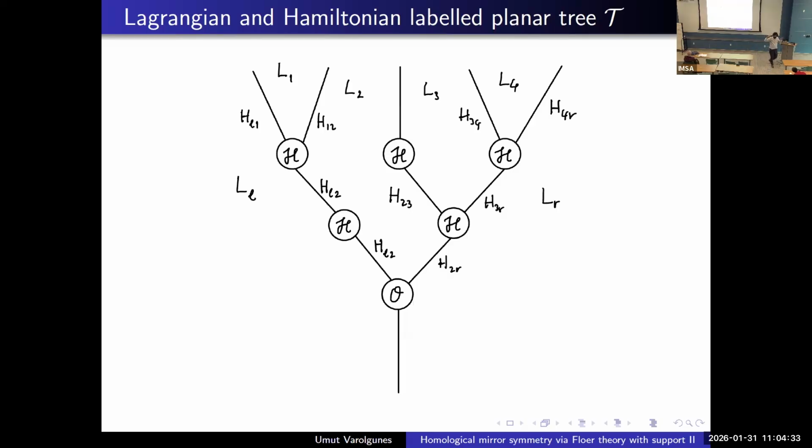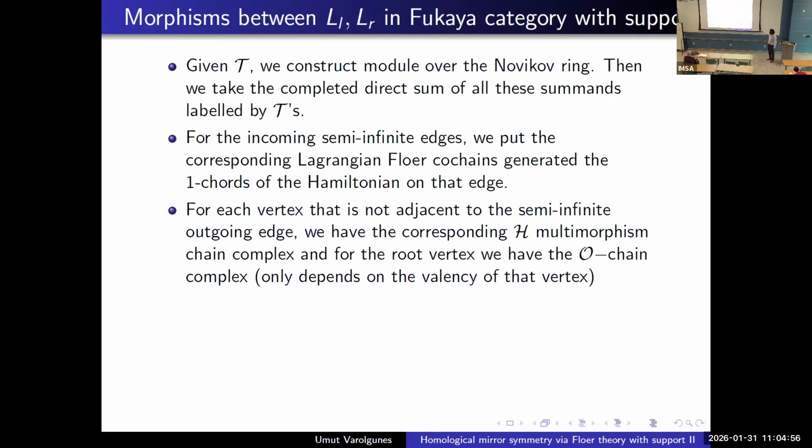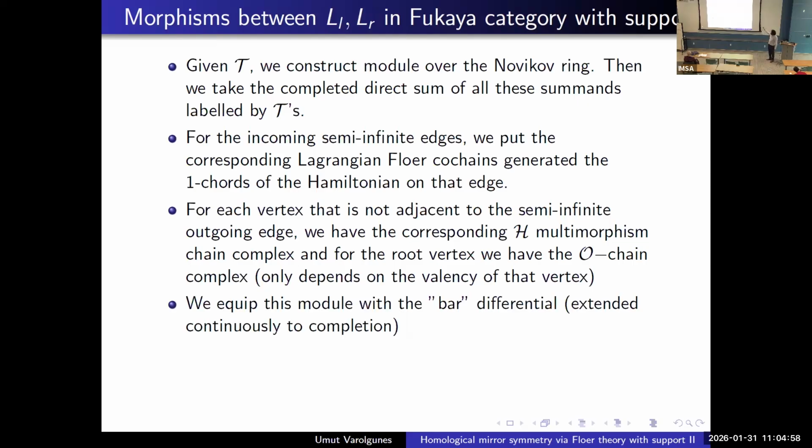That's a chain complex, the multimorphism space, with those incoming Hamiltonians and the outgoing Hamiltonians. I take all of them. That's another chain complex. For O, I just take the corresponding chain complex in the operad, the Riemann surfaces, and then you take the tensor product of all of them.